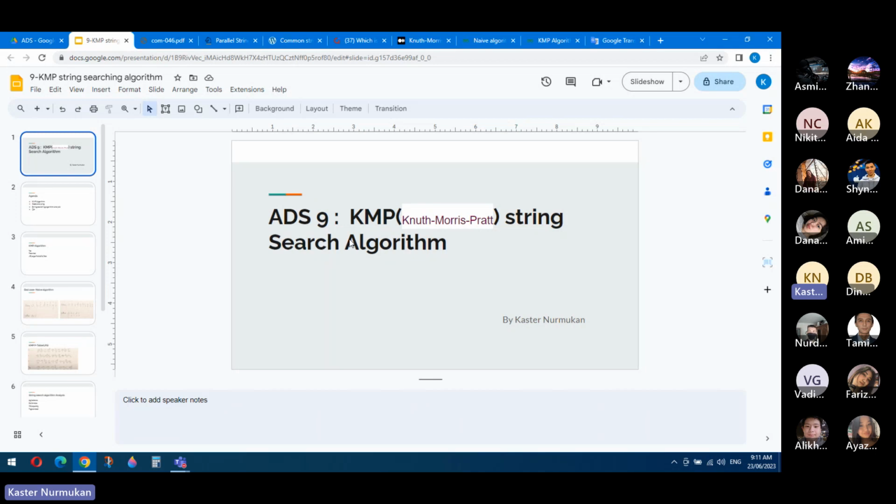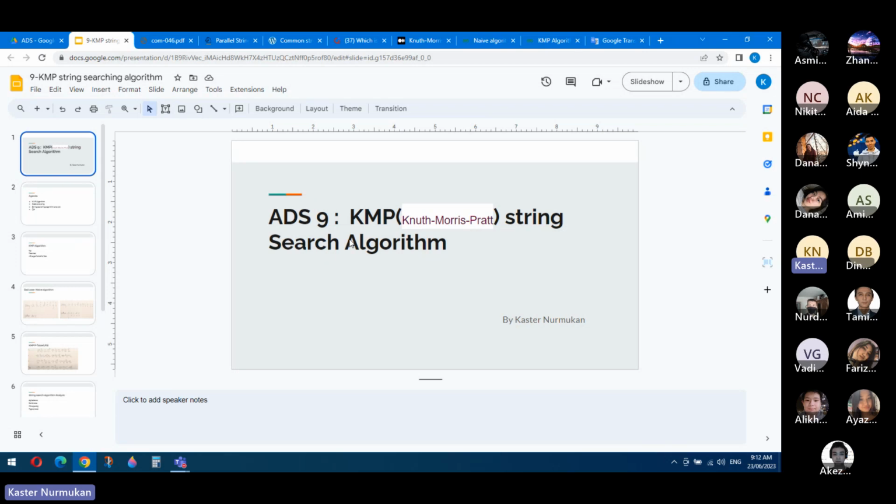Today we are going to introduce another algorithm called the KMP algorithm. The KMP string algorithm actually gets the same performance, m plus n complexity. As I said, n is the size of the whole context, and m is the size of the target word or sentence.